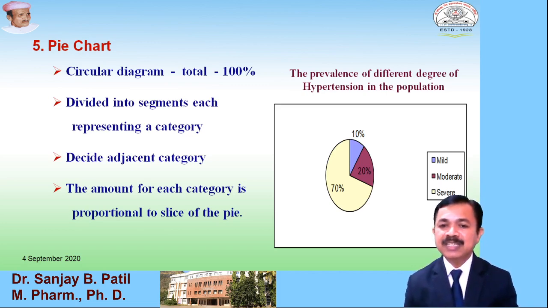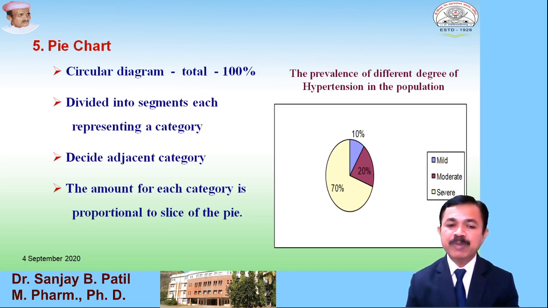And as severe hypertension is 70%, the angle equivalent to 70% is the remainder out of 360 degrees. So in this way, by dividing the different categories in percentage, the angles are drawn for a circle, which is known as a pie chart.